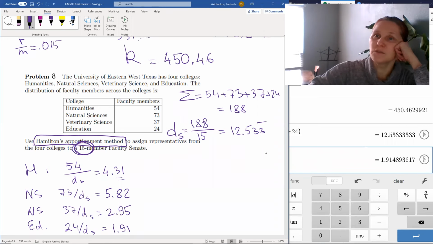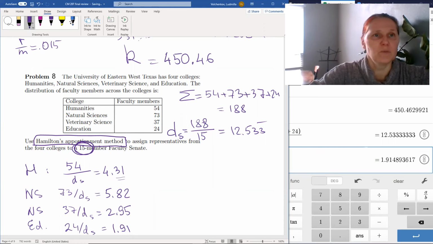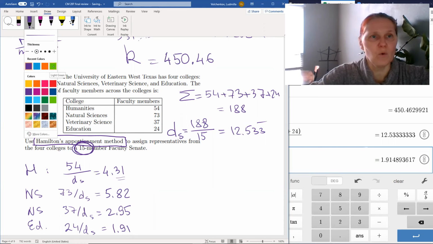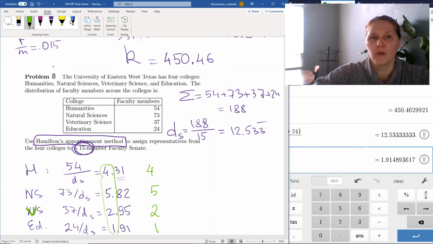By the Hamilton method, first we assign the integer part, or so-called lower quota. So we assign 4 for humanities, 5 for natural science, 2 for veterinary science, and 1 for education.